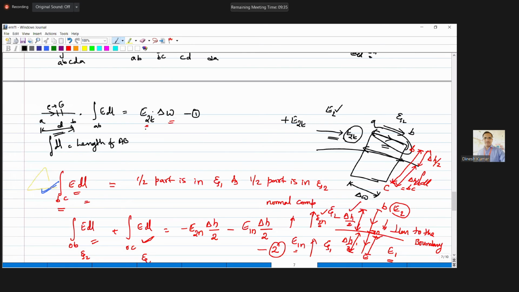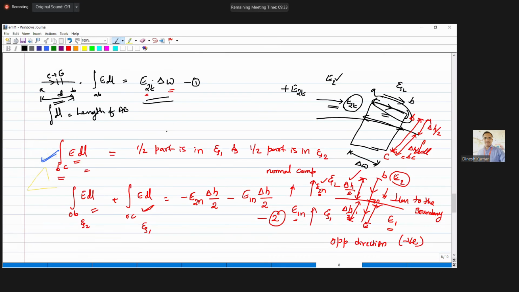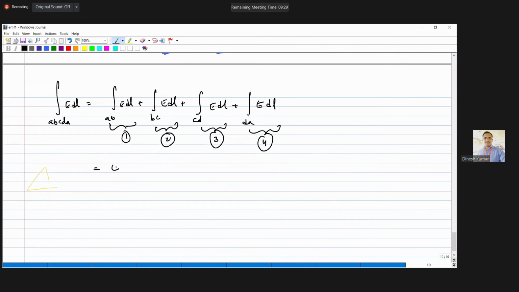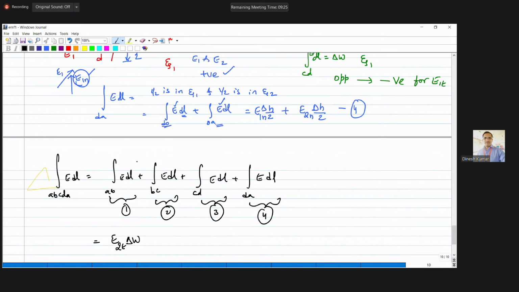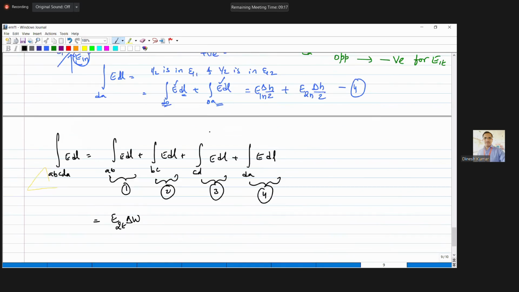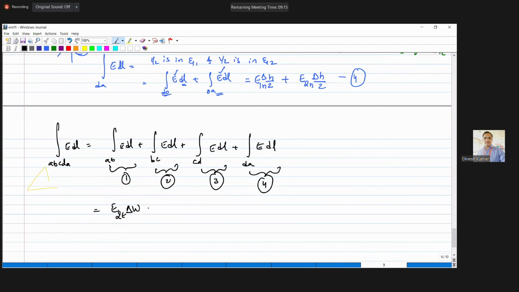Equation 1 is E2t delta W. Equation 2 is E2n delta H by 2 minus E1n delta H by 2, minus E1n delta H by 2 minus E2n delta H by 2.